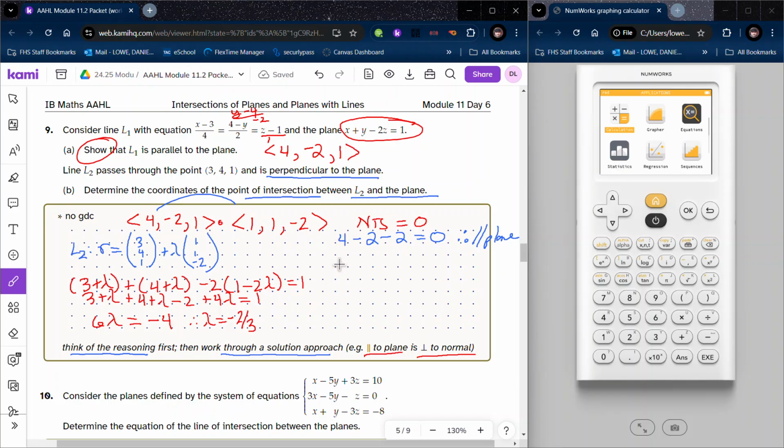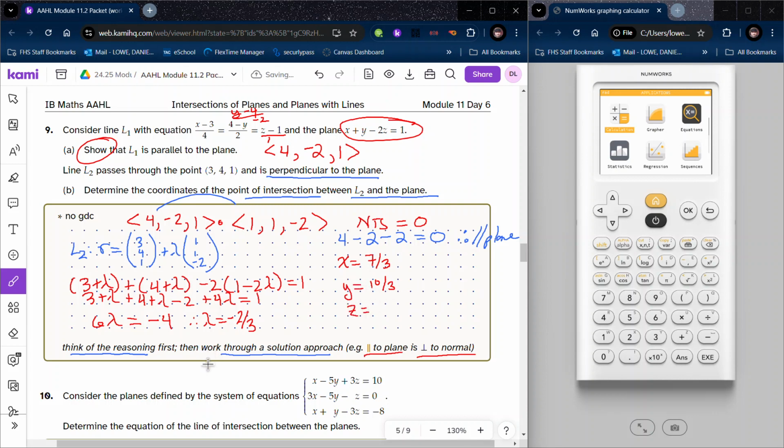So for my point of intersection, the x coordinate is going to be 3 plus lambda, so 3 minus 2/3, so that's 9/3 minus 2/3, which is 7/3. And then my y coordinate is going to be 4 plus lambda, so 4 minus 2/3, so 12/3 minus 2/3, that's going to be 10/3.